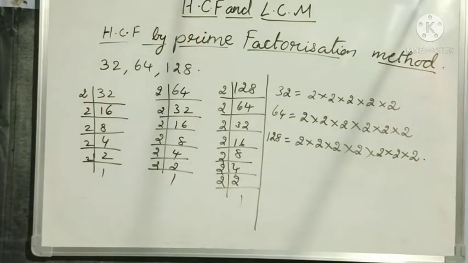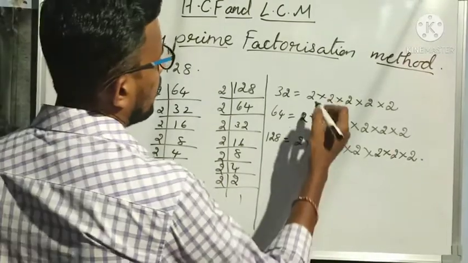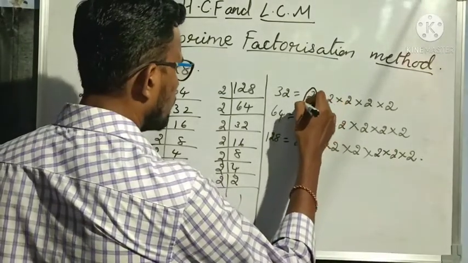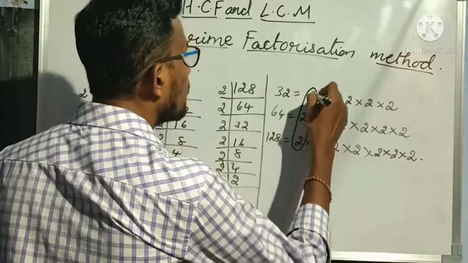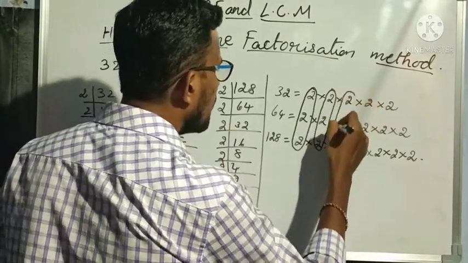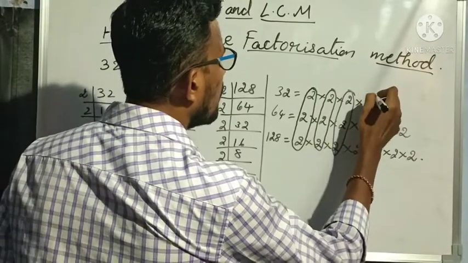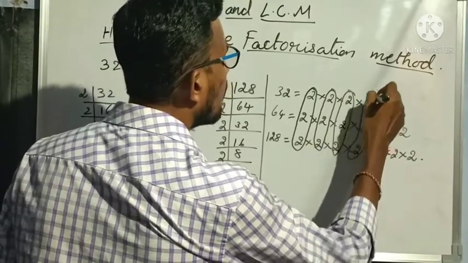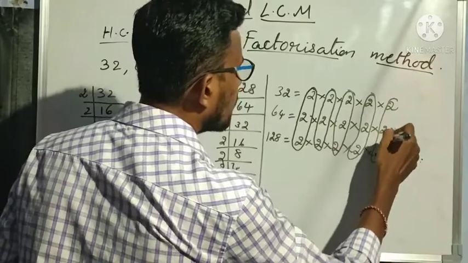Now what we have to do is first circle all the common factors. So 2 first time, 2 second time, 2 third time, 2 fourth time and 2 fifth time.